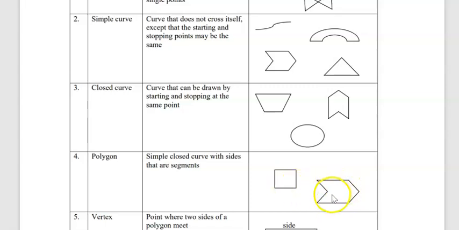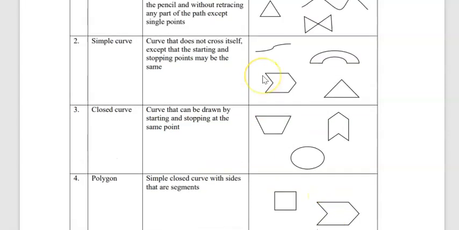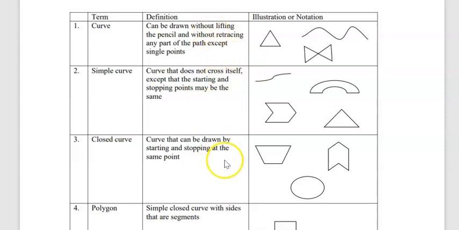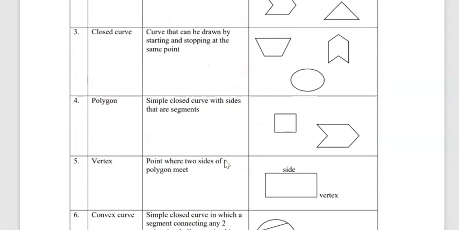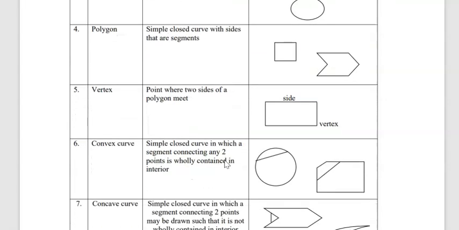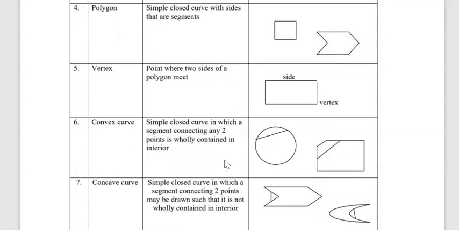And this one does as well, because we can see on both of these, all of the sides are segments, and then it follows all three of these previous definitions. A vertex is a point where any two sides of your polygon meet. So we have a side and a side, but where two sides meet up, that would be a vertex point.